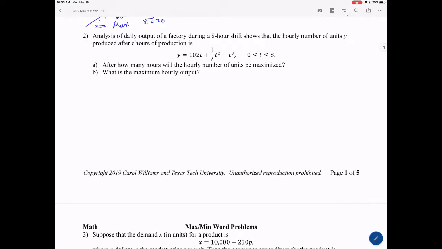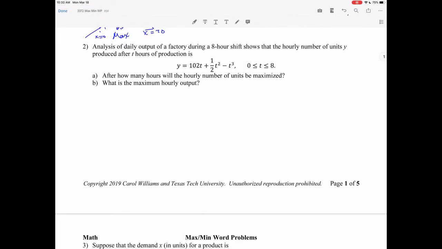The next one again gives us our function. Okay? We have the output for an 8-hour shift is given by this function, and we want to know how many hourly units. So 1 unit is an 8-hour shift. So how many 8-hour shifts we need to maximize our output.